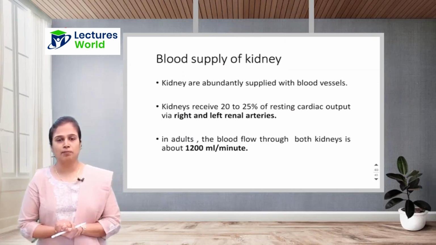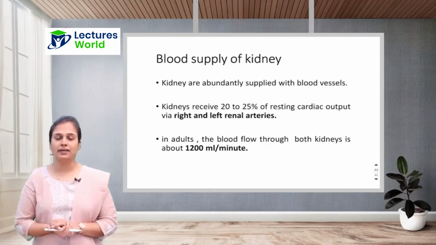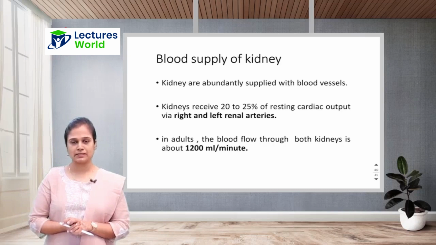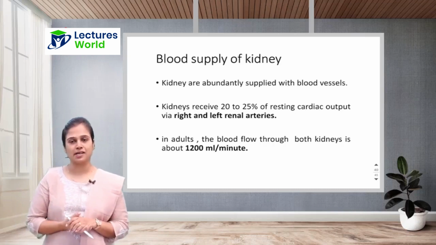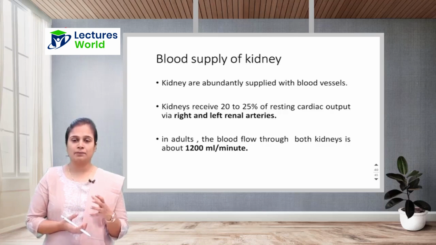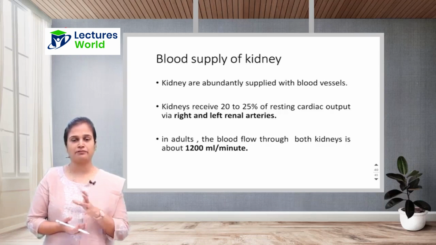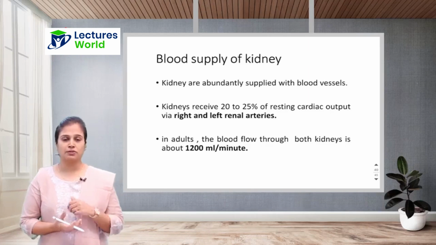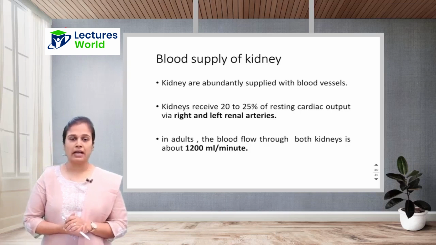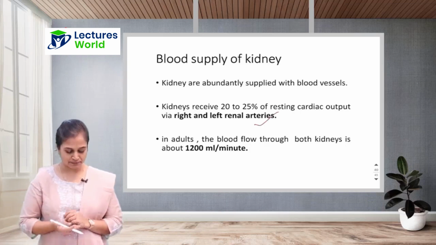We'll talk about the blood supply of the kidney. Kidneys are abundantly supplied with blood vessels, and they receive 20 to 25% of resting cardiac output. This means that when we are in the resting phase, out of 100% cardiac output, 20 to 25% goes to the kidneys via the right and left renal arteries.